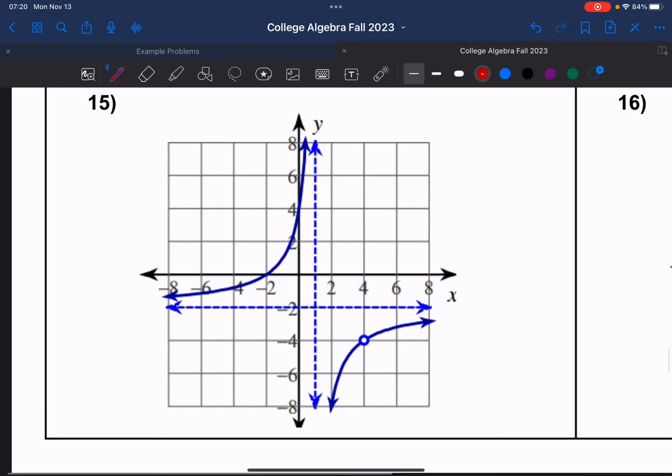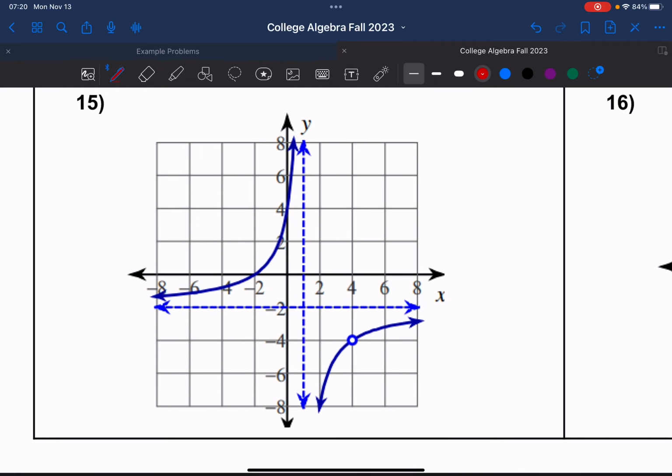Go ahead and take a moment and work on the domain of 15.